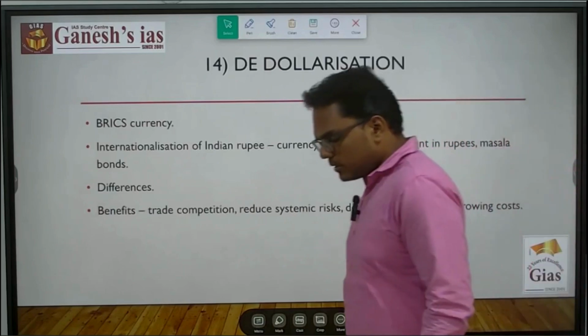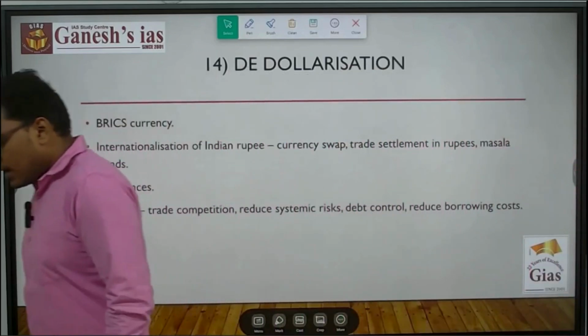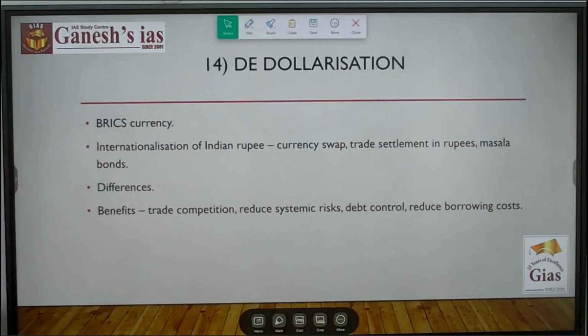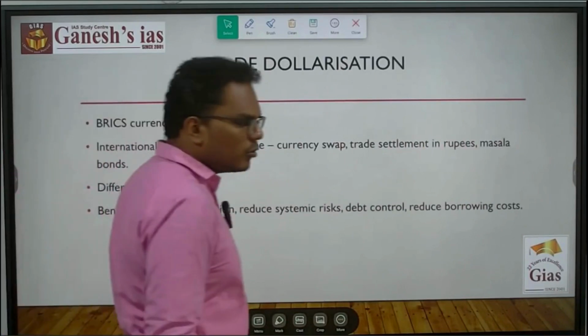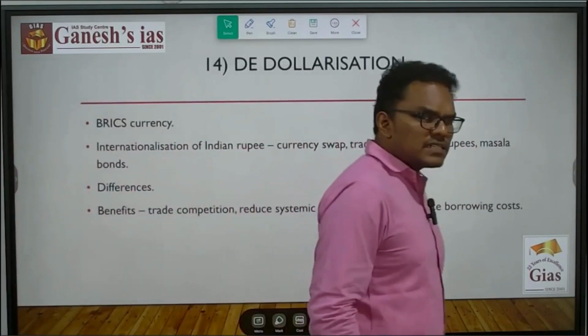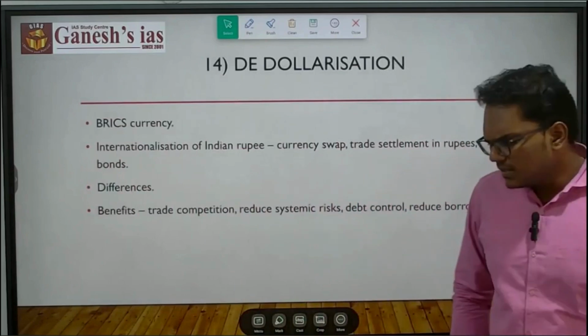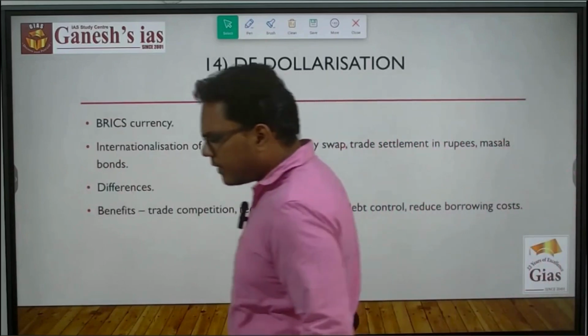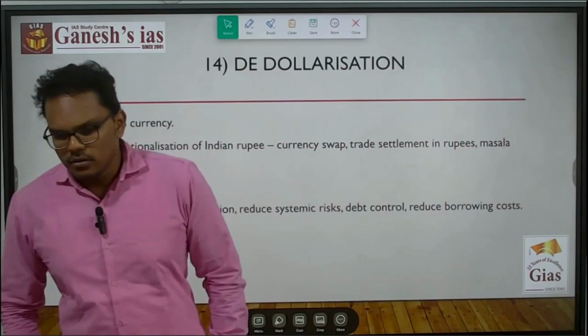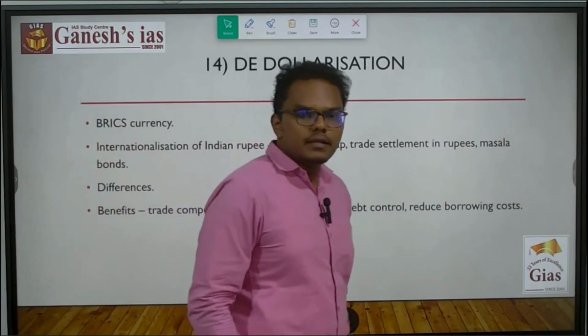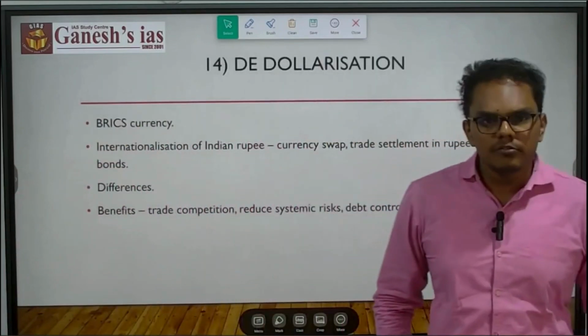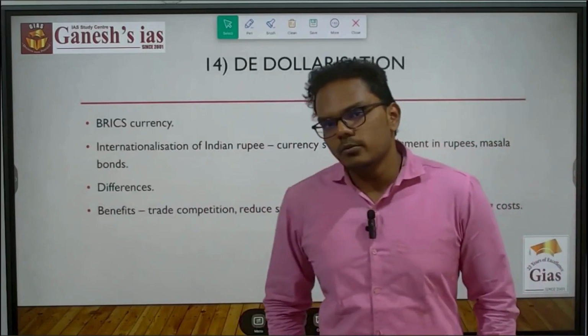And with respect to de-dollarization, you need to know something about what is called internationalization of the rupee. What is this internationalization of the rupee? This is trying to bring about more acceptance for the rupee as an international currency among a lot of nations. That is done through a variety of steps.